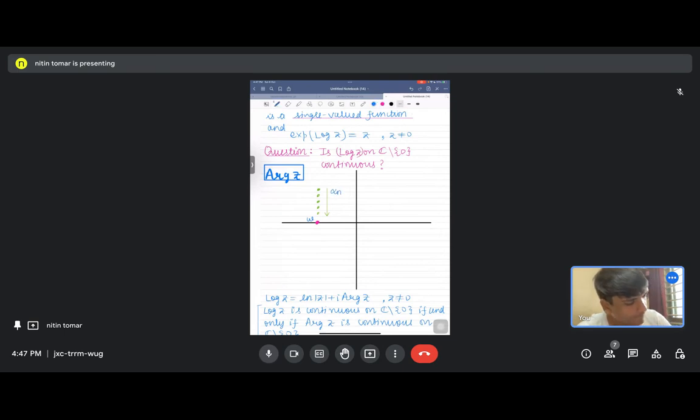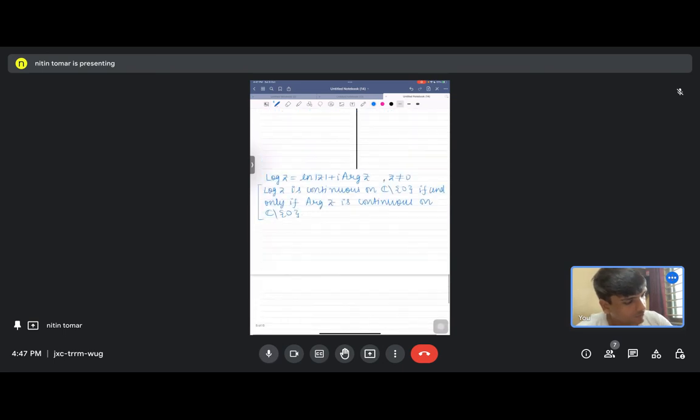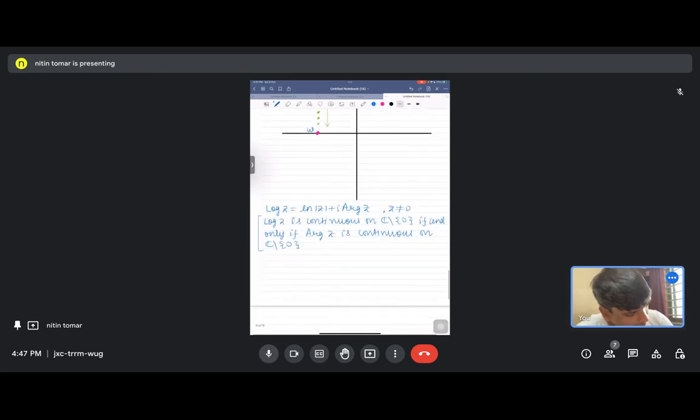So what are we trying to do? Let W belong to C minus 0, or basically I can write W belongs to minus infinity to 0, right? This is the real axis.